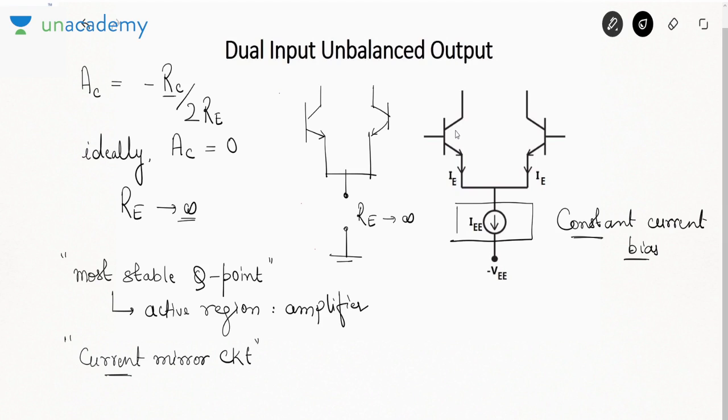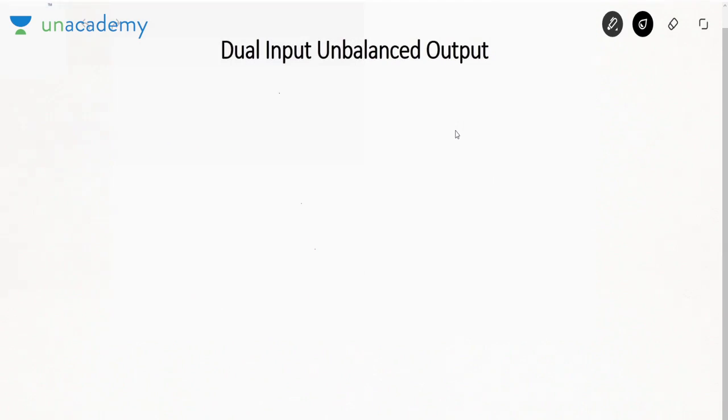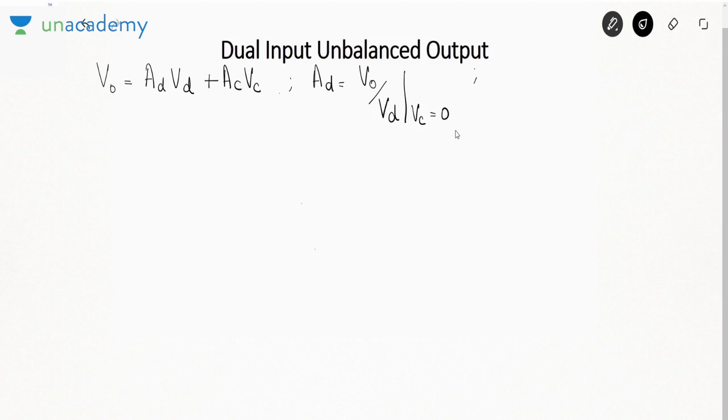Okay. So this is about the common mode gain. But I told you that V0 comprises two elements, AD VD plus AC VC. How to find this differential gain AD? It will be V0 by VD when VC is 0. Now VC was equal to (Vin1 plus Vin2) by 2. How can you make it equal to 0?